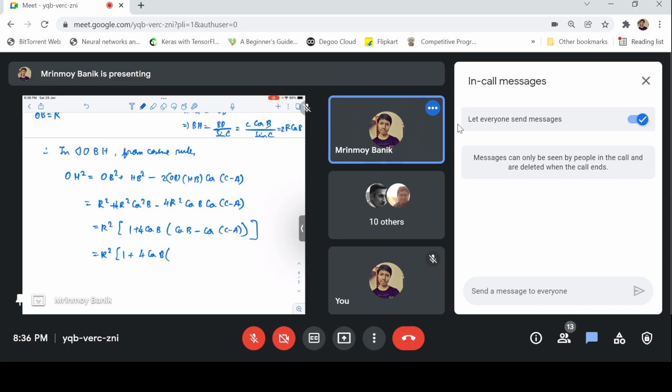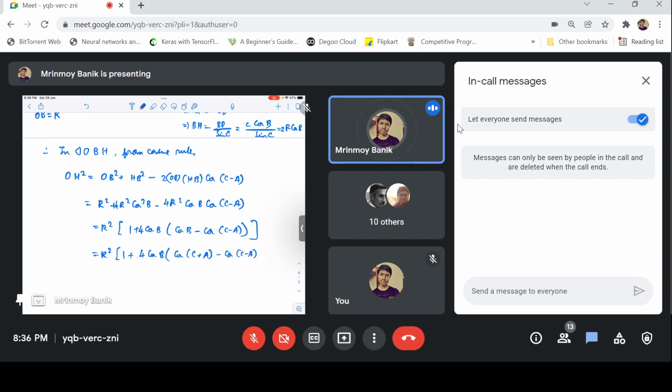Now this is, so we can write cos B as cos(C plus A), since it's 90 minus B, right?